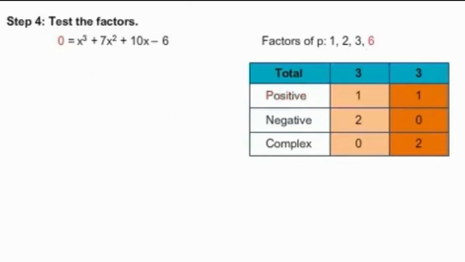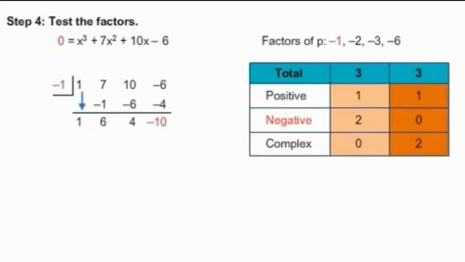Let's try the negative factors to see what happens. Start with negative 1. Negative 1 didn't help. The remainder is still not 0. What about the factor negative 2? Negative 2 does not work. Try factor negative 3.